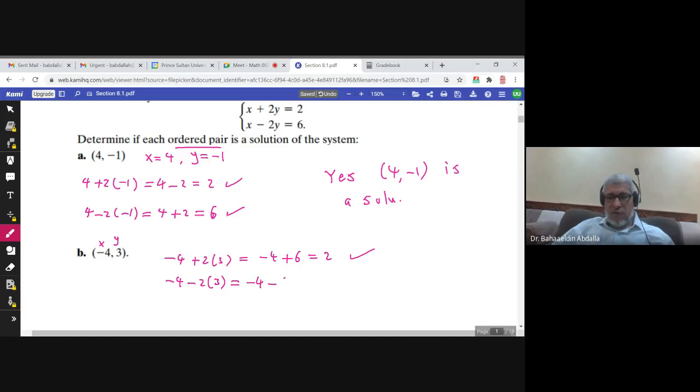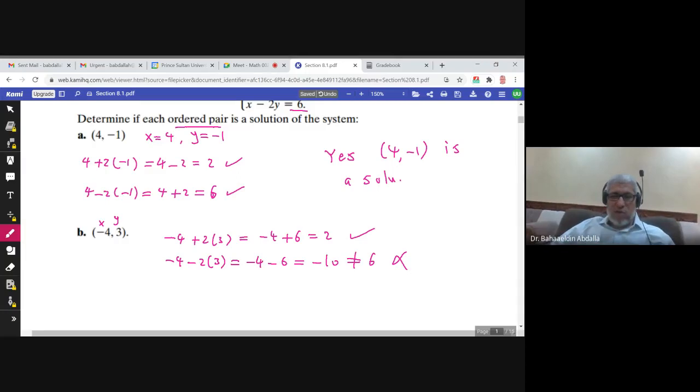This is -4 minus 6, which is -10. It is not equal to 6. -4 and 3 is a solution of the first equation, but it is not a solution of the second equation. So -4 and 3 is not a solution of the system.